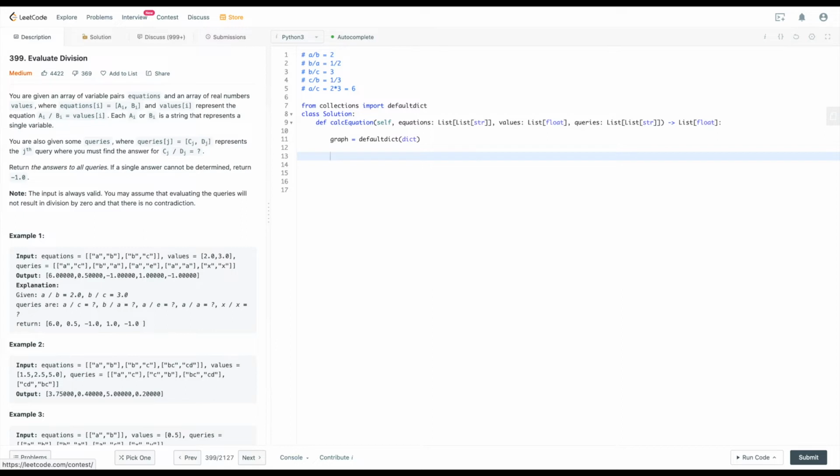So this basically means it's a dictionary inside a dictionary, and the first key in our dictionary would be this first node, right? And then the second key will be the node it links to. Everything it links to will be in there.